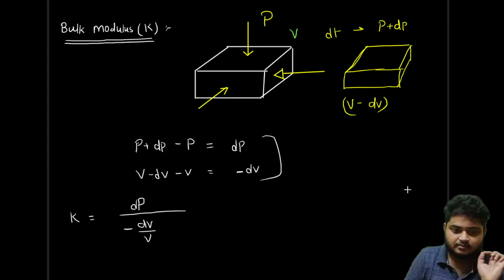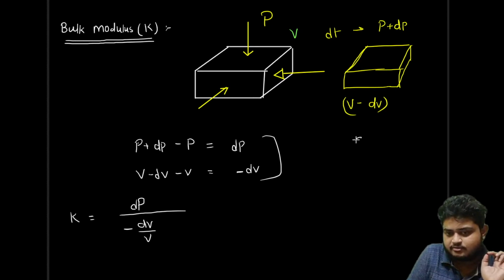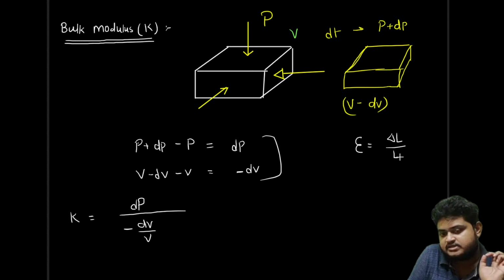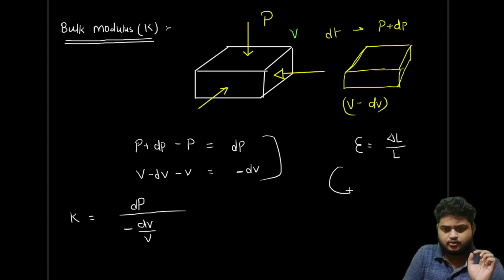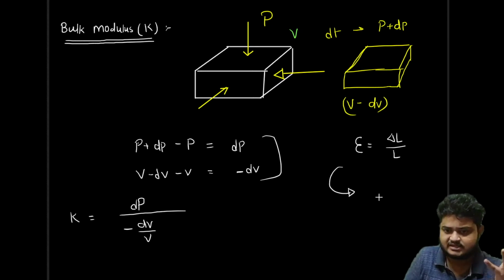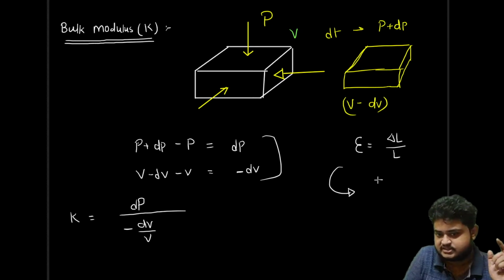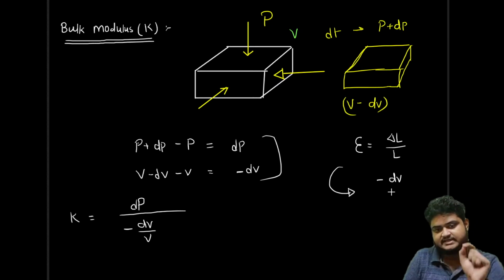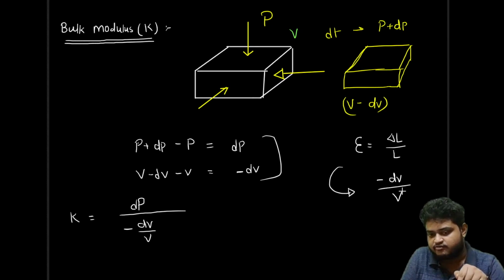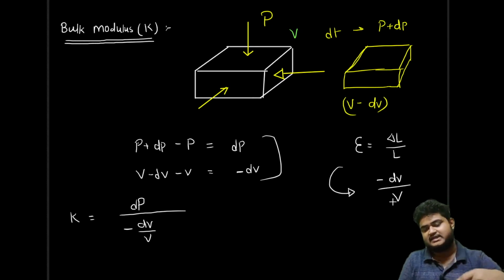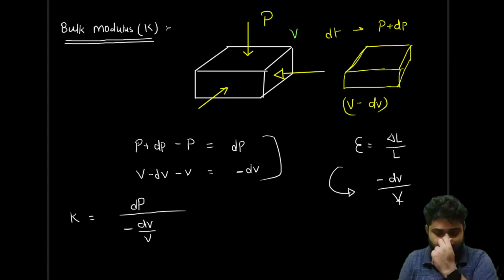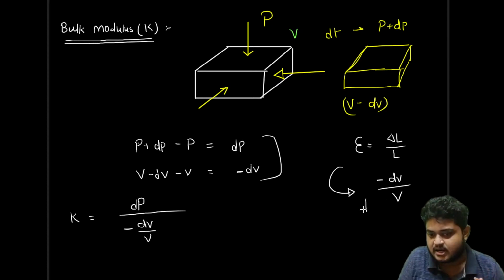Do you know about strain? Strain is the change in length upon initial length. Doesn't this look like volumetric strain? Here dV is the change in volume, and V is the initial volume, so dV upon V is the change in volume upon initial volume, which we call volumetric strain.